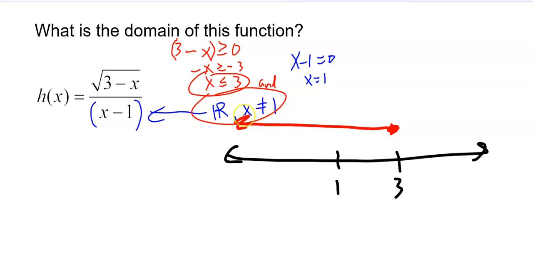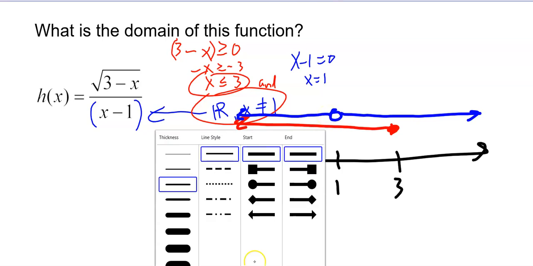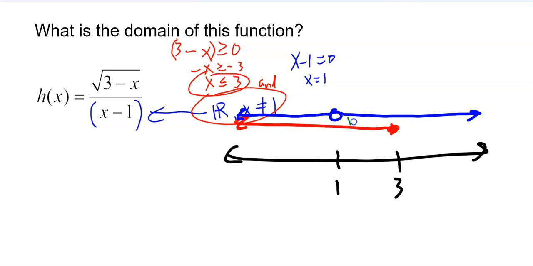The blue graph will be everything, except there's an open circle at 1, where it can't be equal to 1. So where do these two graphs overlap? They overlap here and then here.